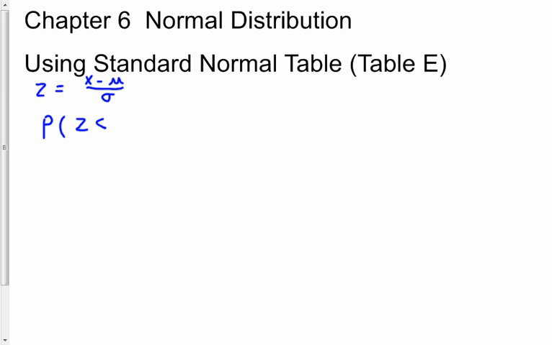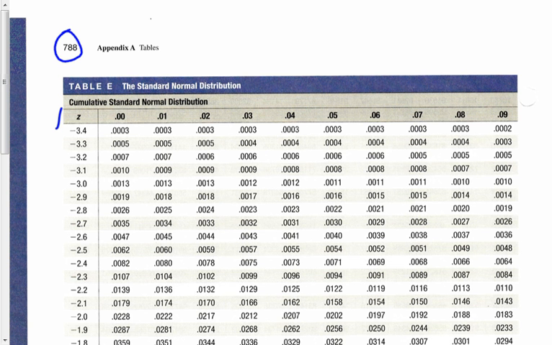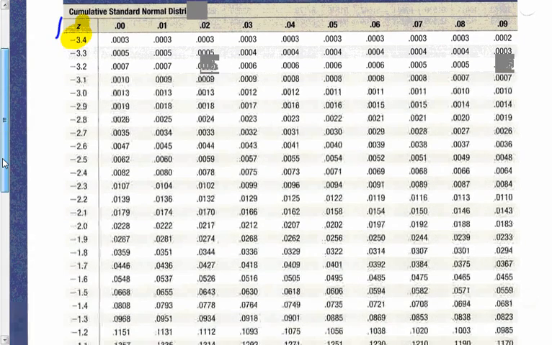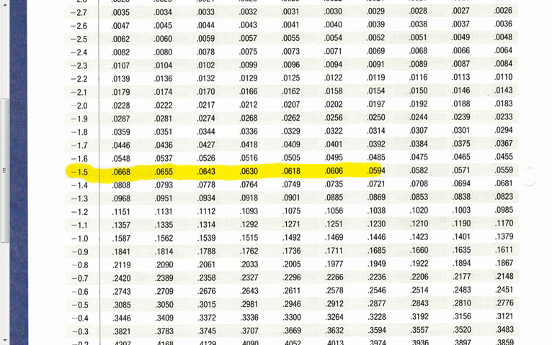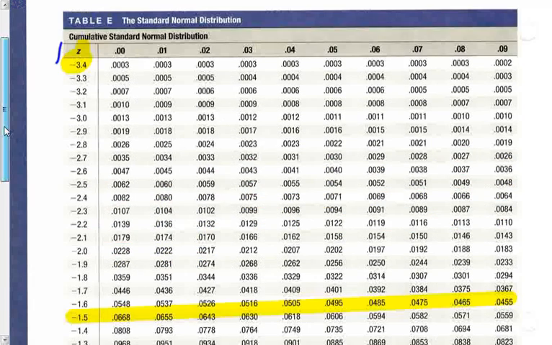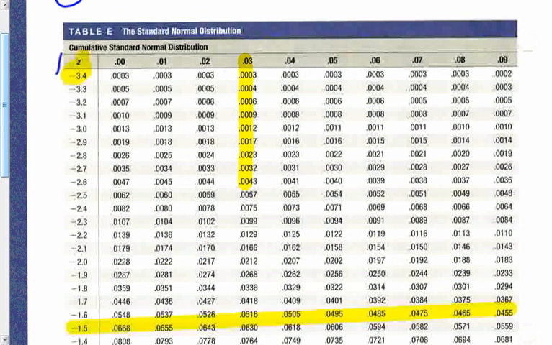Probability that z is less than negative 1.53. So it's a negative value, so we look at the negative z-scores, and we have to go down till we find negative 1.5, so the ones column and the tenths column, and underneath the 3.